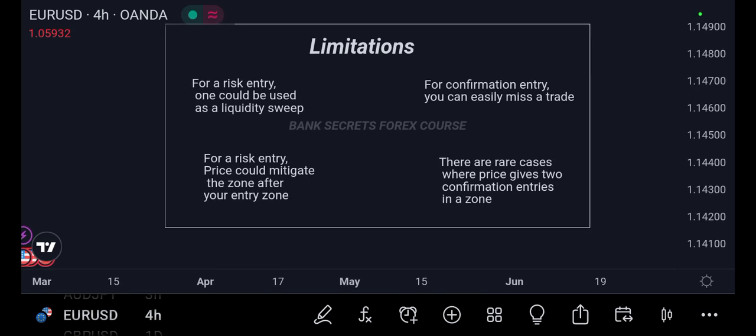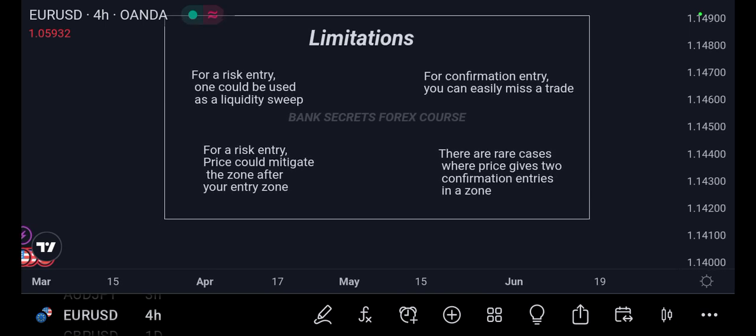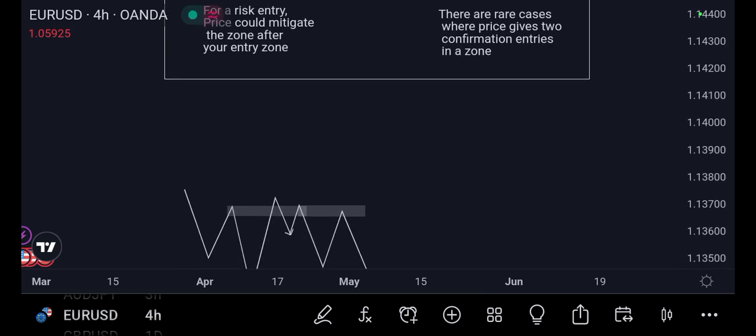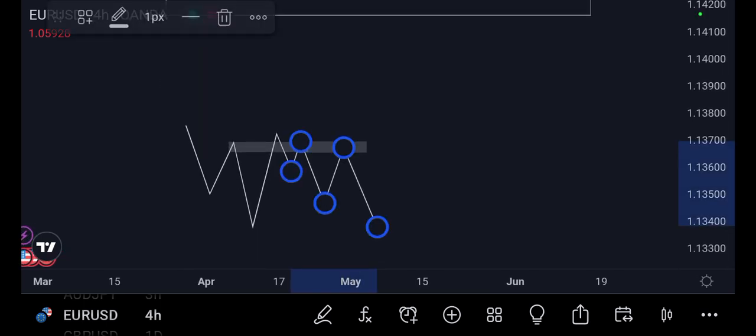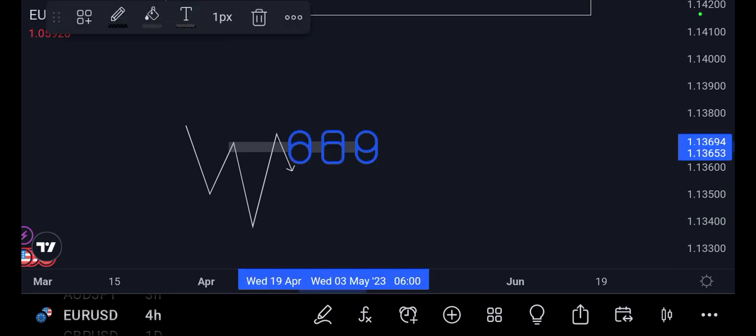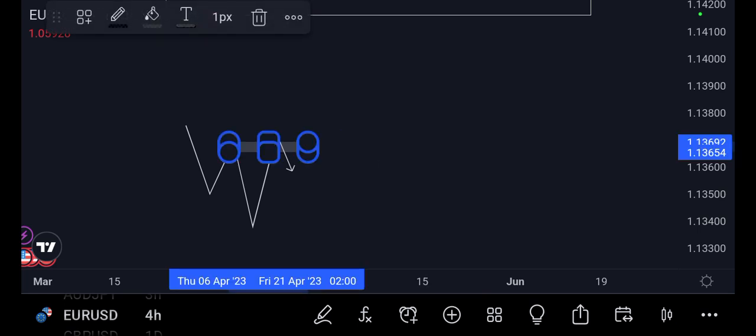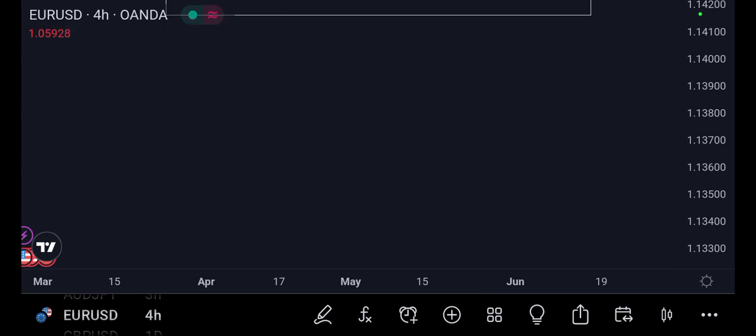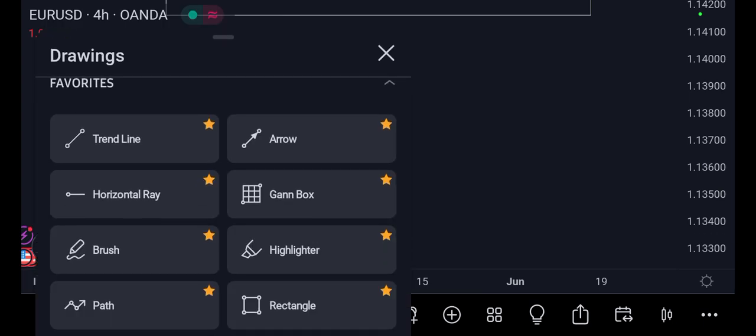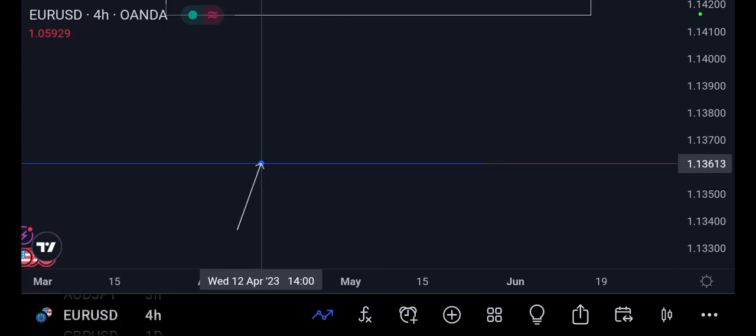Now, let's talk about the first limitation for confirmation entry. You can easily miss a trade. It's not all the time that price gives confirmation entry. Like now, there could be another case whereby, let me use uptrend this time. You're in an uptrend.